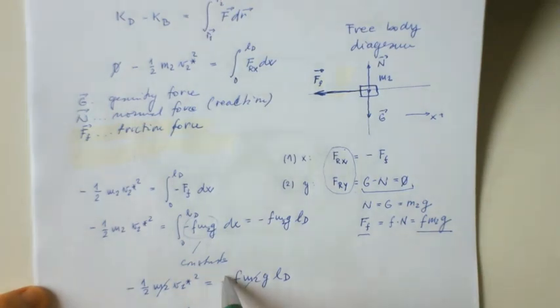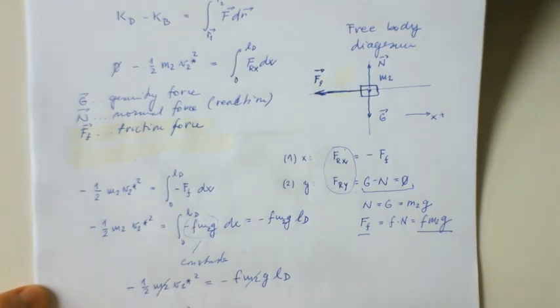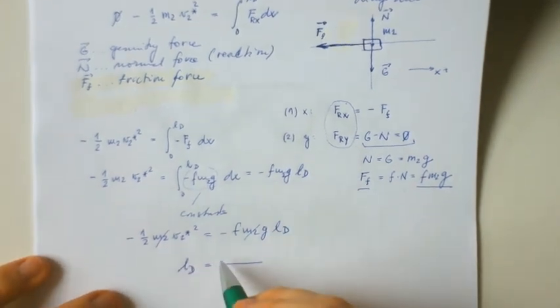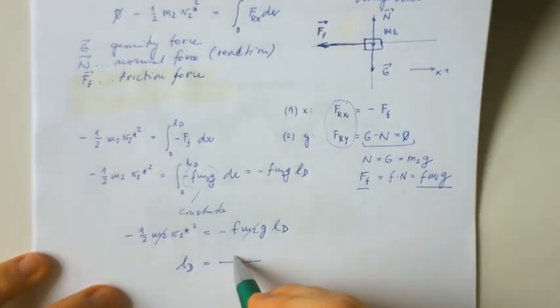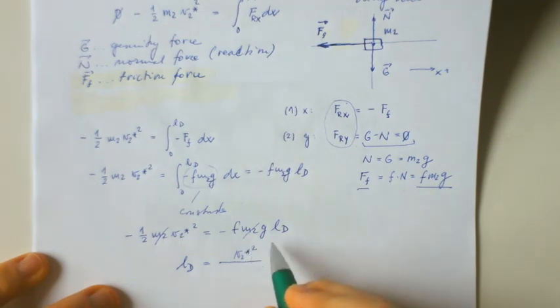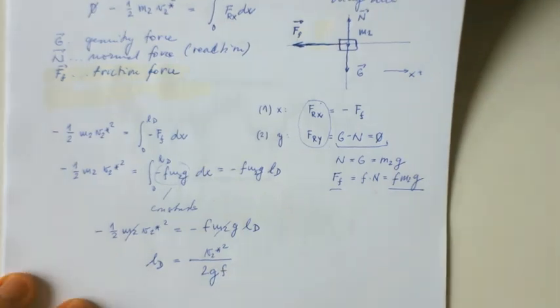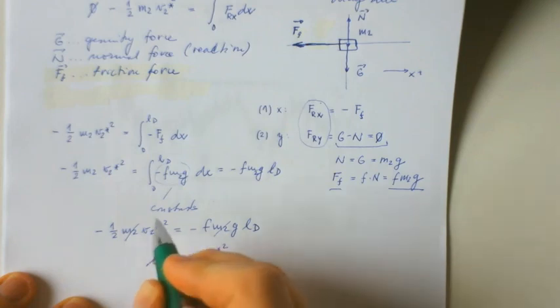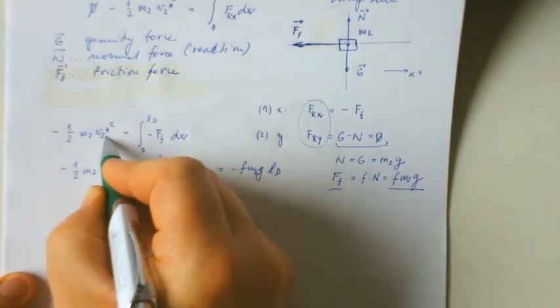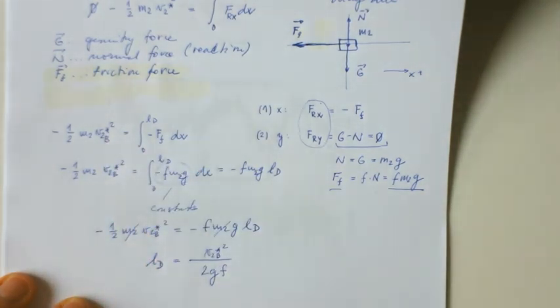So LD is equal to v2 star squared over 2gF. And I forgot to write the B index here. B. So that's all.